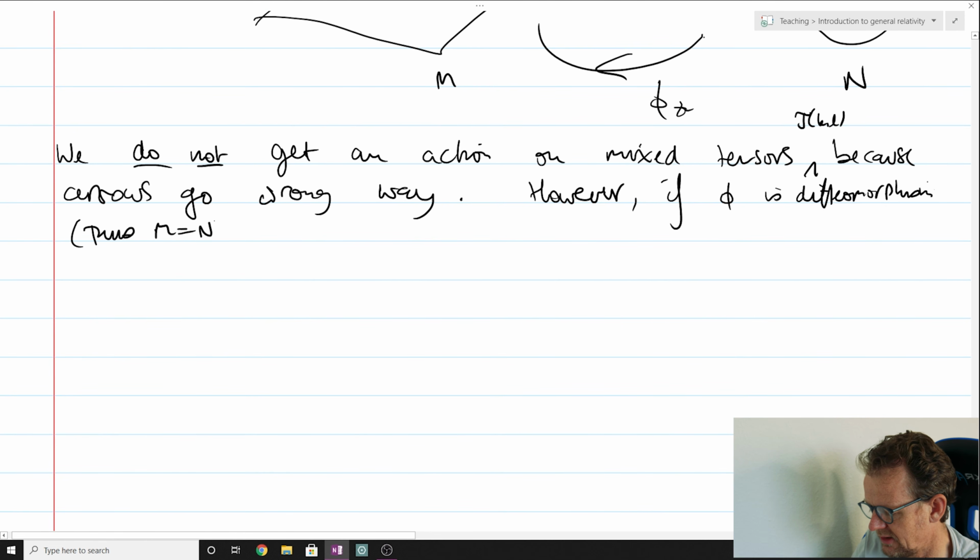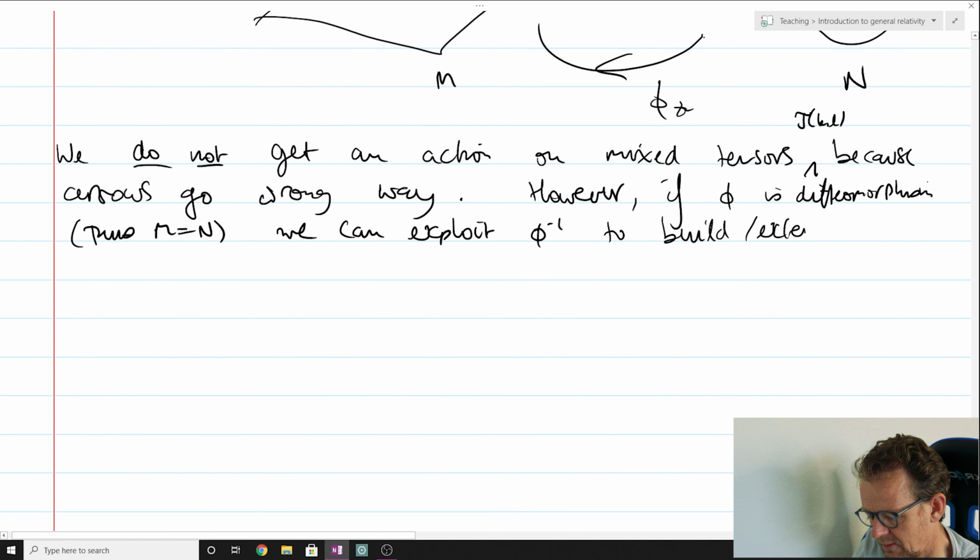And in particular, that means that M, the manifold M, is now the manifold N. So if phi is a diffeomorphism, we can exploit the fact that the inverse exists and is also smooth. And we can extend this map that we've just defined above to apply to mixed tensors.